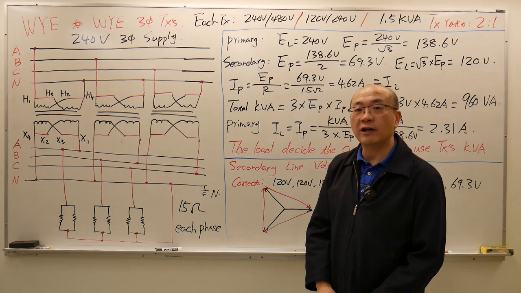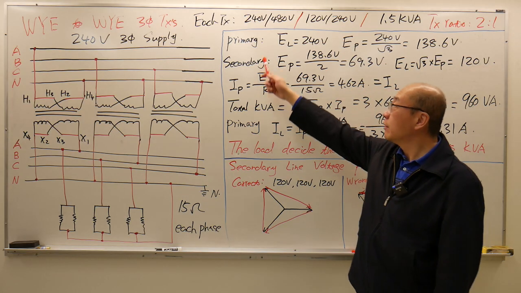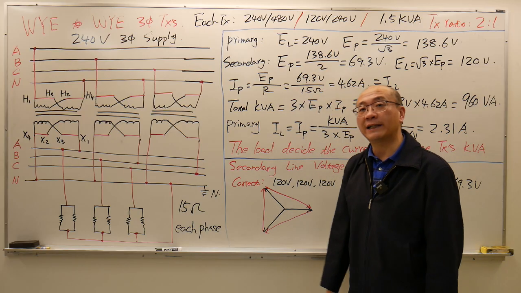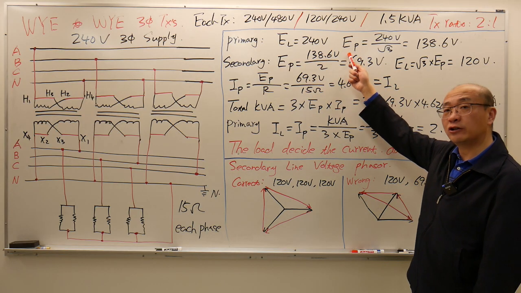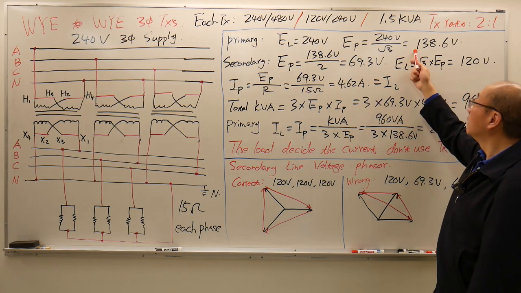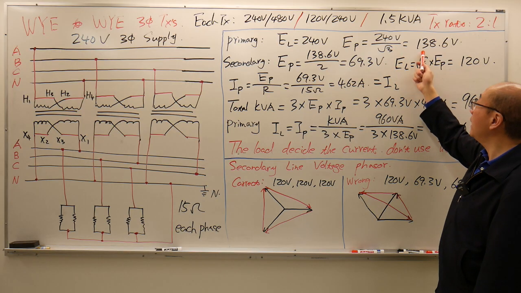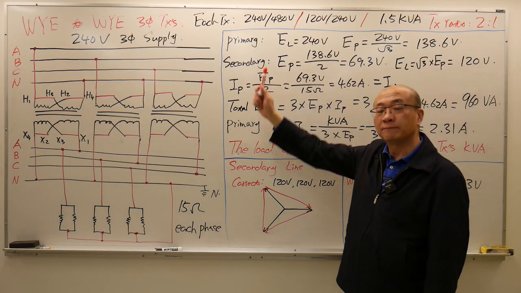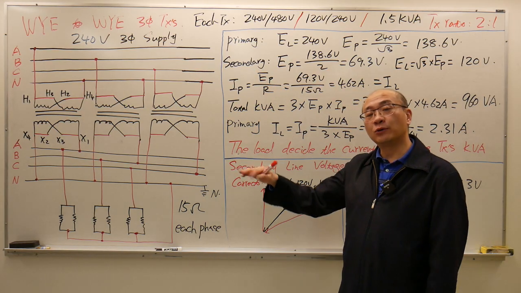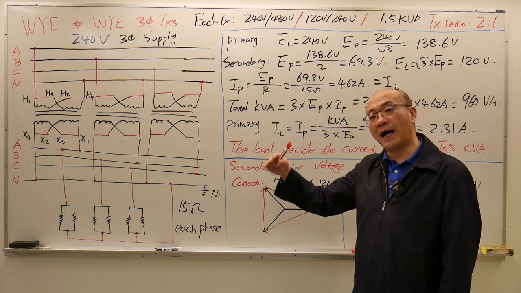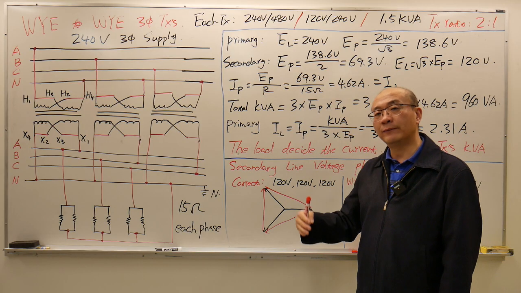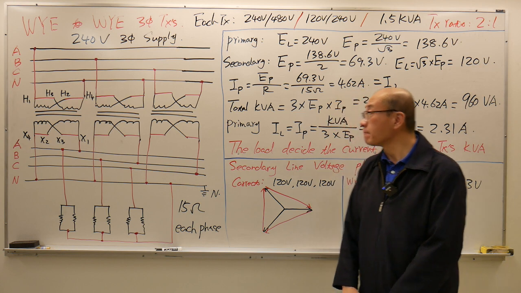Now we can do the calculations. Primary side, line voltage is 240 volts. It's a Y connection, so the phase voltage is going to be √3 lower. 240 divided by √3 gave me 138.6 volts. Secondary, I always do the voltage calculation from the supply to the load, then do the current calculation from the load back to the supply.